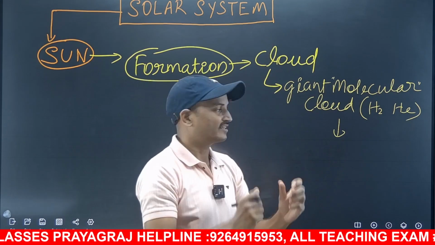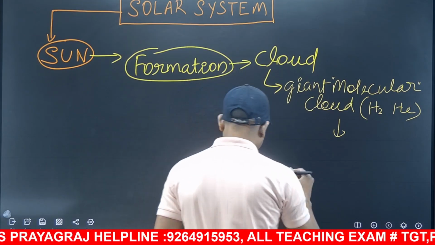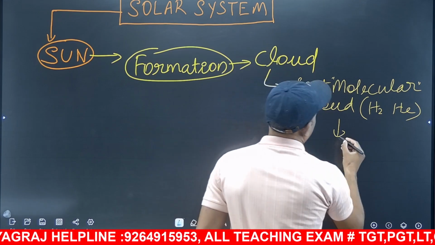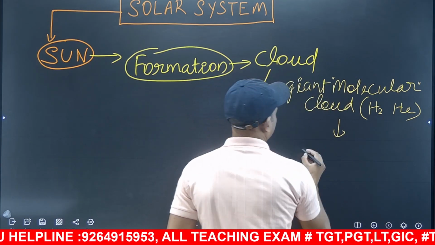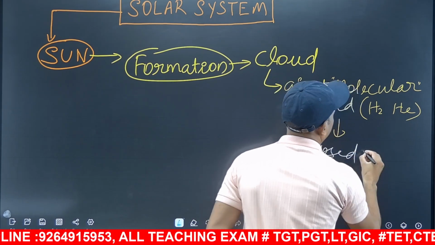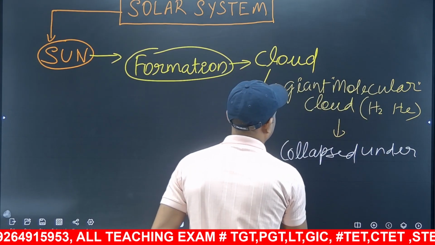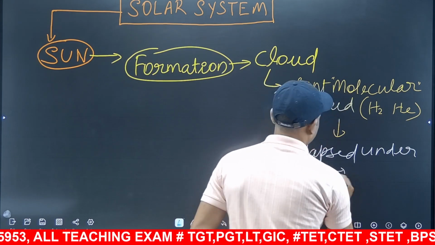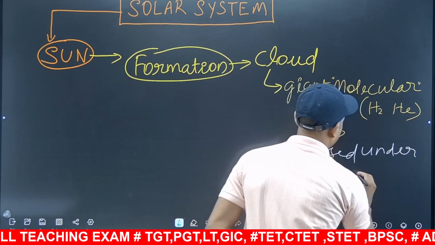So because of gravity, in the course of time, this molecular cloud collapsed under gravity in the form of a protostar.